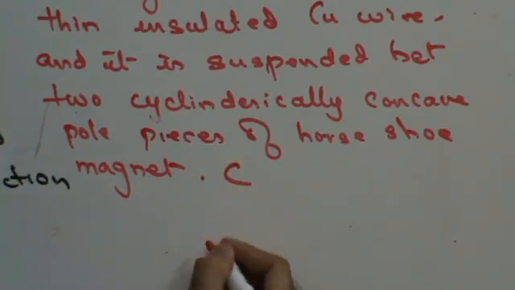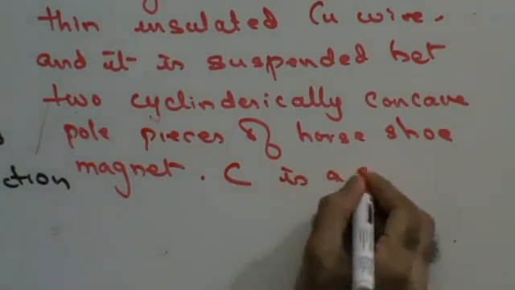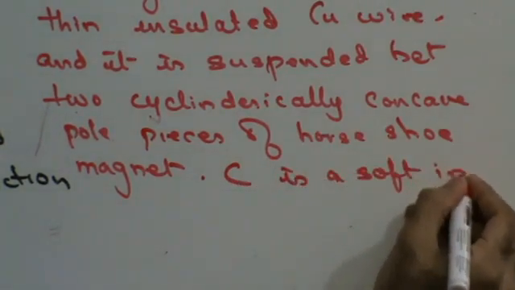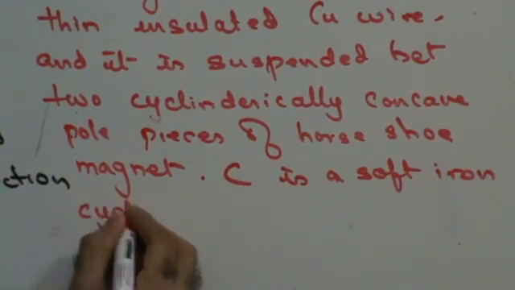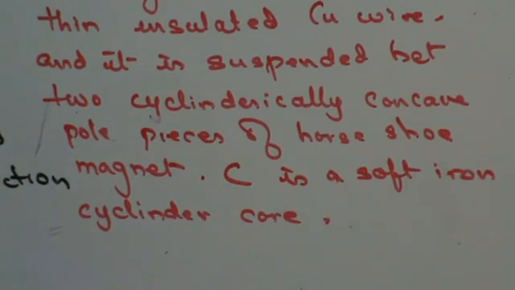C is the soft iron cylinder core fixed at the center of the coil.